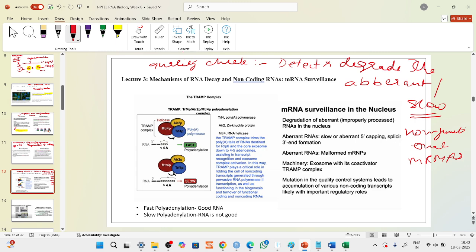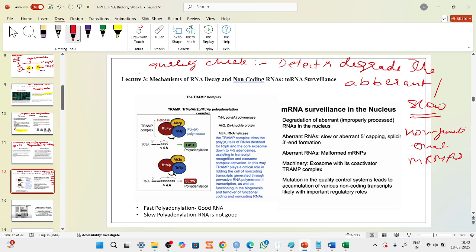Then it can have either fast polyadenylation or slow polyadenylation. What is the meaning of fast and slow? If the polyadenylation event happens fast, then it's a good RNA, with no need of mRNA surveillance. But if the polyadenylation is very slow, then we can say this mRNA is not good, and it can be marked for mRNA surveillance or mRNA degradation.